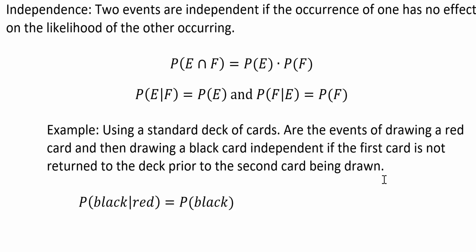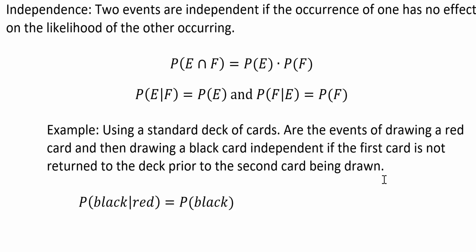Now I know that there's only 51 cards in the deck, and no longer are half of them red and half of them black, because now there are 25 red cards and 26 black cards. So drawing a black card on my second time has a slightly better chance because there's 26 of them in there. So these events are not independent.